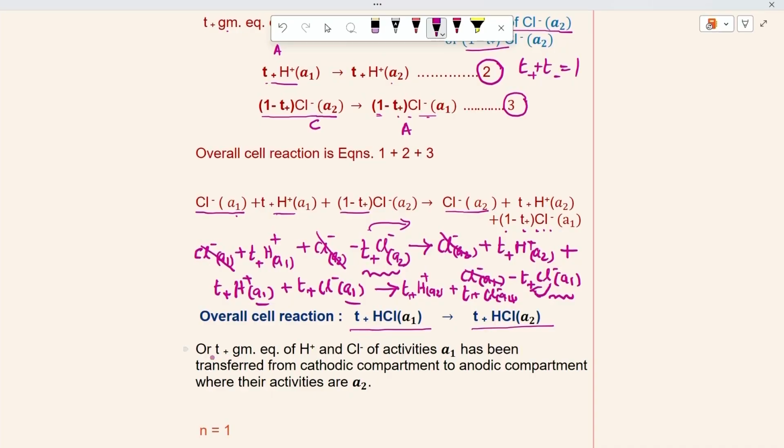Okay. Or you can say that t+ gram equivalents of H+ and Cl− of activity 1 have been transferred from the anodic compartment to the cathodic compartment, where their activities are a2. That is, when it moves to the cathodic compartment, the activity changes to a2.